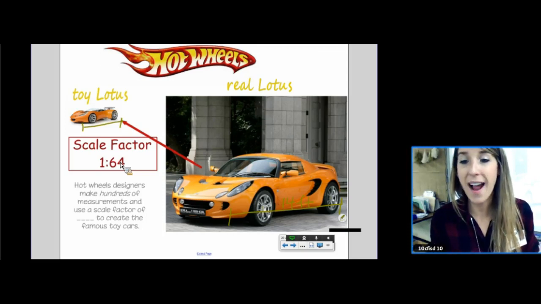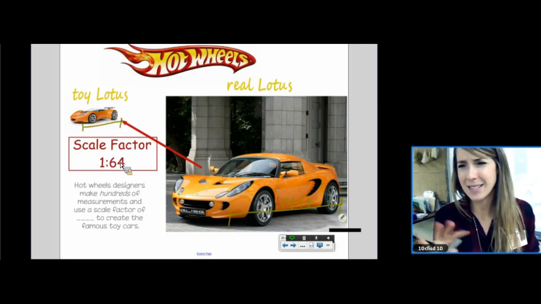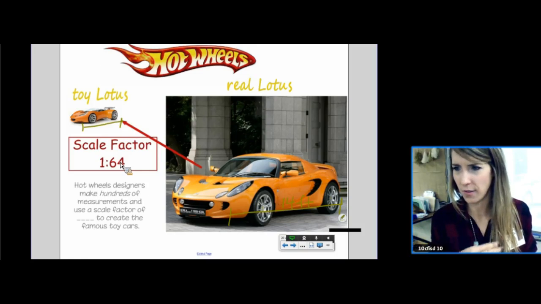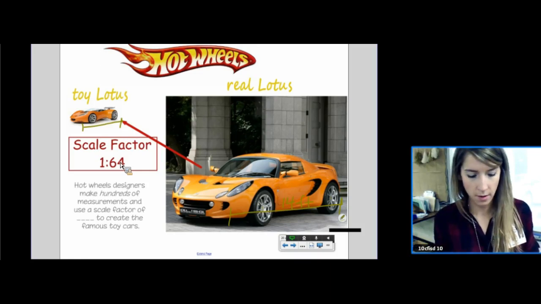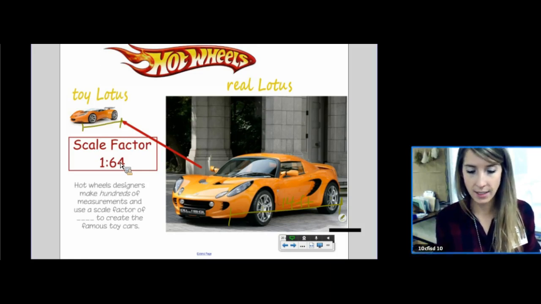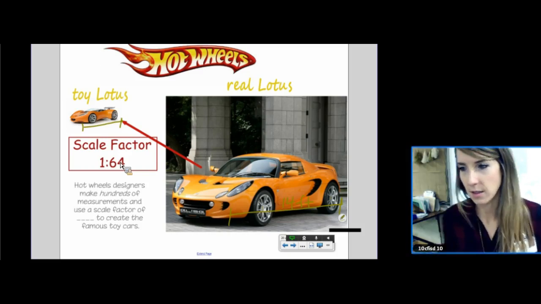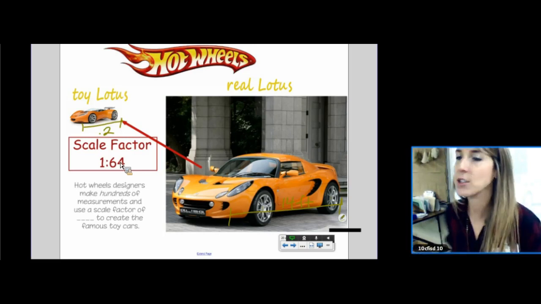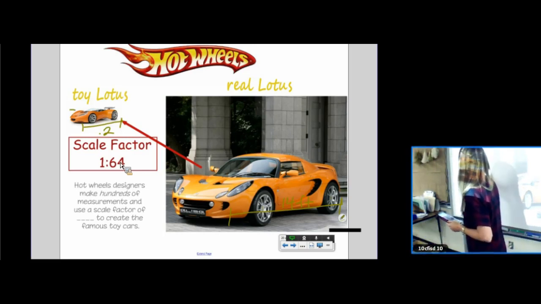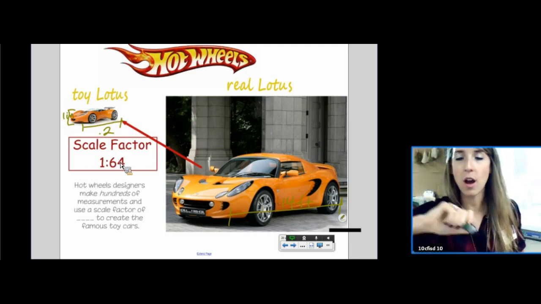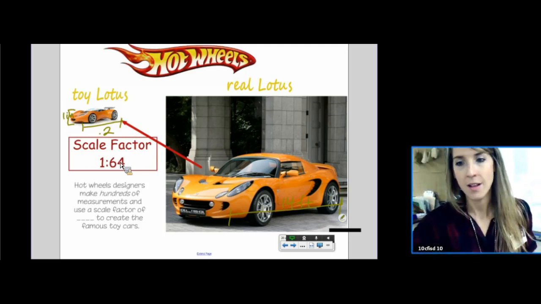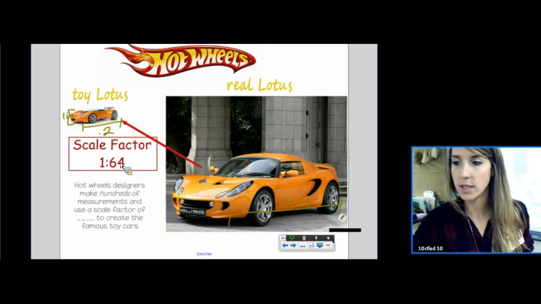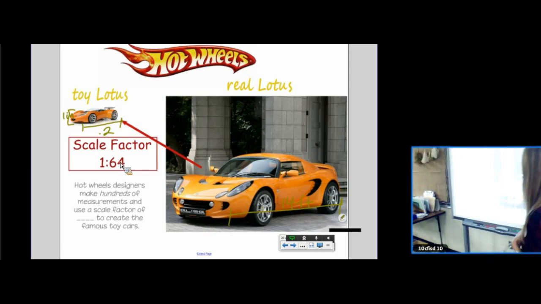So you would do 14 divided by 64, and it'd be some decimal, and you could convert it into inches or whatever, but I don't care. So it's about 0.2 feet, whatever. We could convert that to inches. Now, if I told you that the height of this one was 1 inch, and I wanted to know the height of the real car, I would multiply, 1 times 64, so 64 inches. So that's what I mean by going forwards and backwards, and we'll see that again in some other problems.